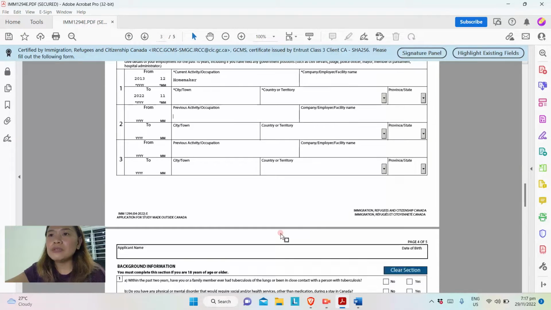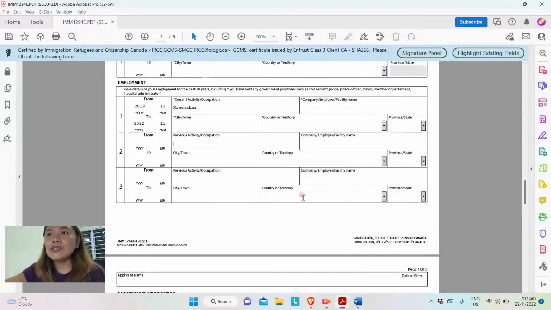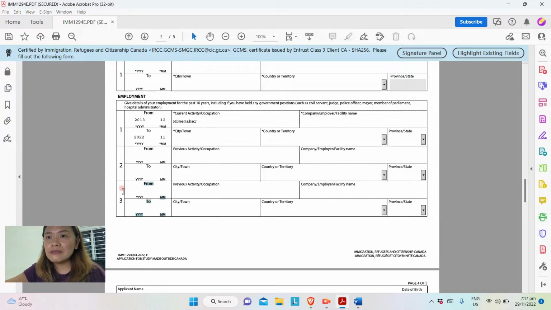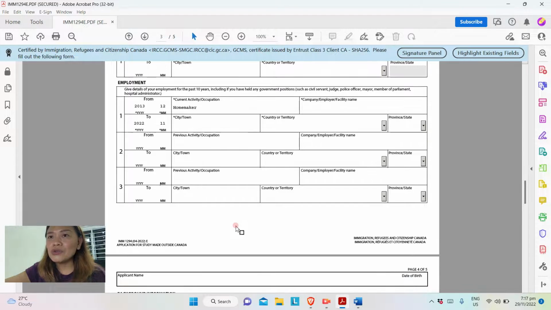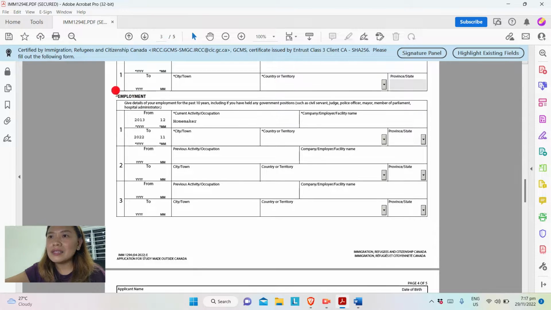And then for the previous activity, you would have to write my previous jobs. Because there's only 3 slots for employment here, for example, in the past 10 years you have been changing jobs, like you have 5 jobs for the past 10 years, you just have to make a table like this. I'm not sure if you can copy paste.